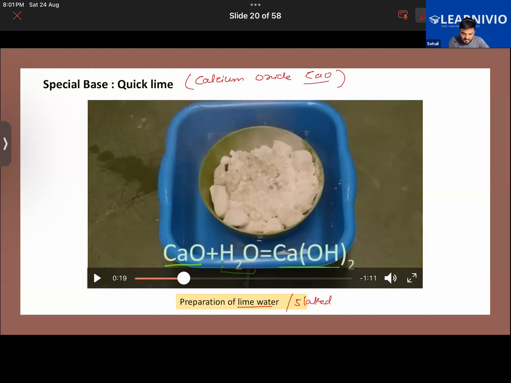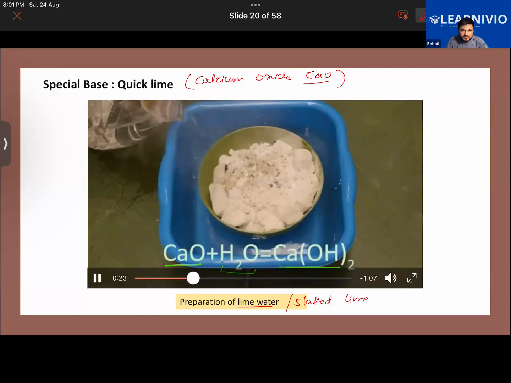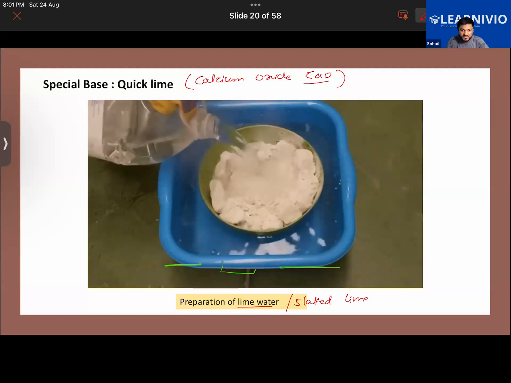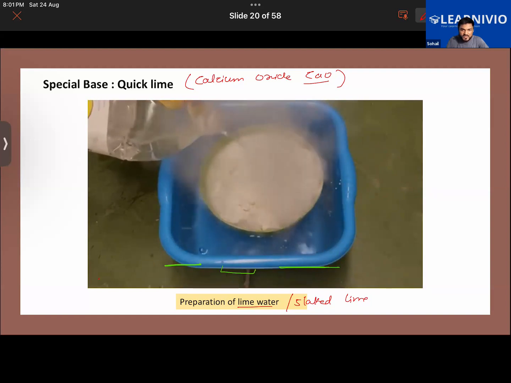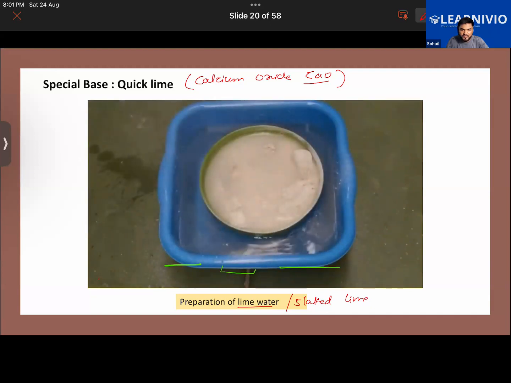Now look at it further. Some more water has been added, and you can see a smoke coming out of it. Powder and smoke coming out, and if you observe, bubbles are also forming.